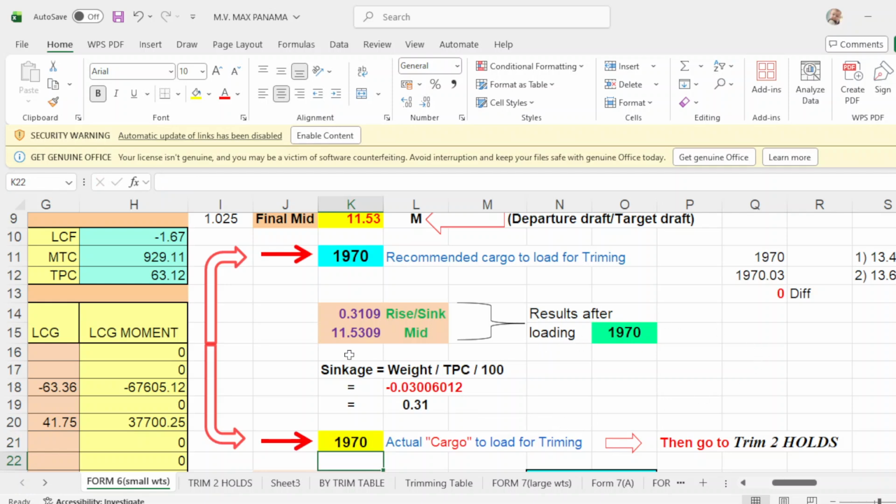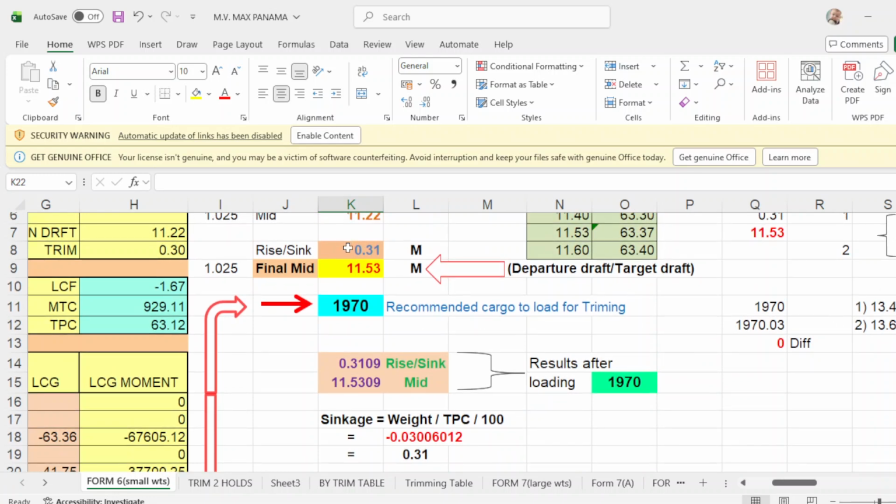So the results would be a drop of 11.5309. So you're only in excess of 09 here, and your sinkage is 0.3109, which is almost the same.